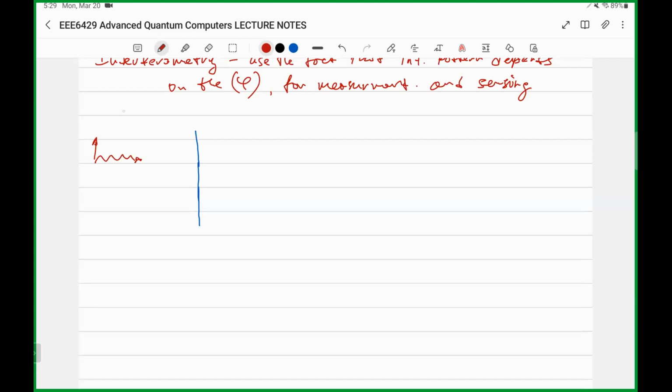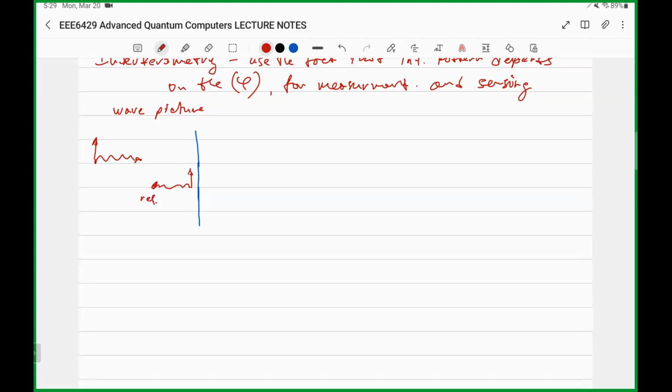So let's consider first the wave picture. So in wave picture, as you know, this wave partially bounces off from the surface and forms the reflected wave.